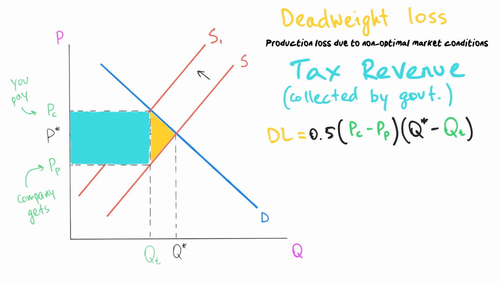It's 1/2 times base times height. So it'll be 1/2 times the difference of the prices, so PC minus PP, times the equilibrium quantity minus the tax quantity, Q star minus QT. And the formula for the tax revenue generated by the government is the formula of a rectangle. So it will be the quantity, QT, times the difference in price, PC minus PP, the area of the rectangle.